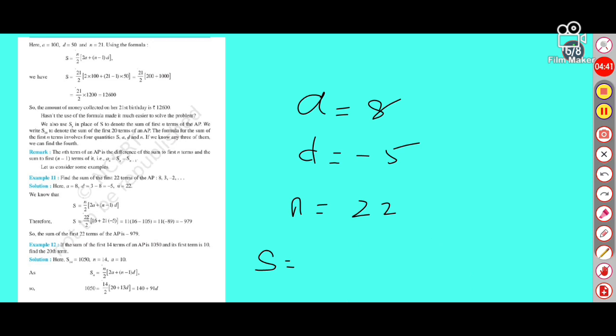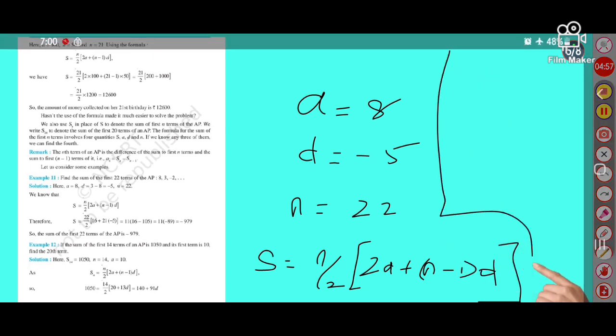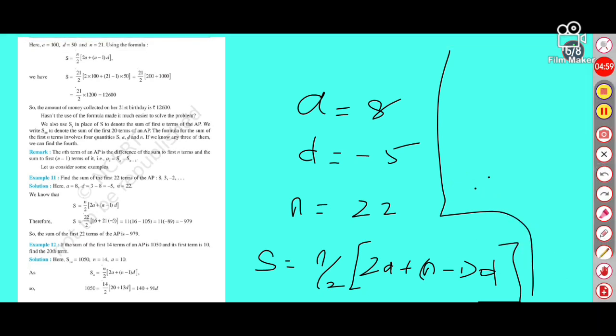So here it is n by 2 into 2a plus n minus 1 into d. Applying the formula, you get 11 into 16 plus 21 into minus 5, that is minus 105.